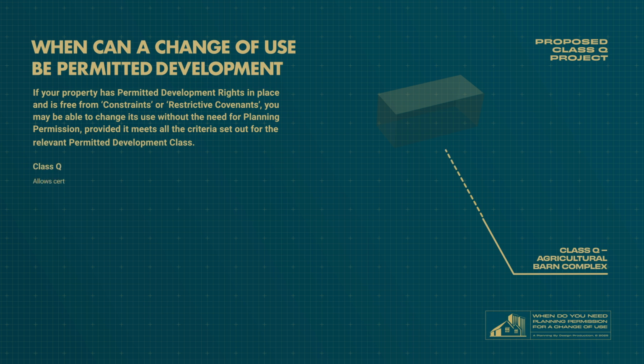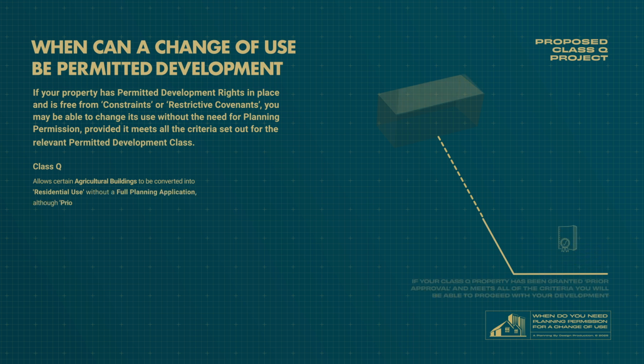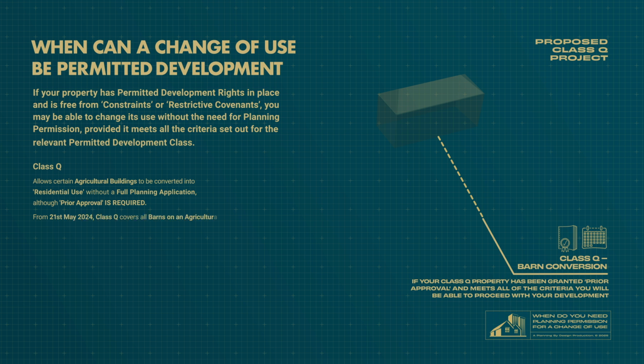Class Q allows certain agricultural buildings to be converted into residential use without a full planning application, although prior approval is required. From 21st May 2024, Class Q covers all barns on an agricultural unit, as long as they've been part of that unit for at least 10 years prior to 24th of July 2023.